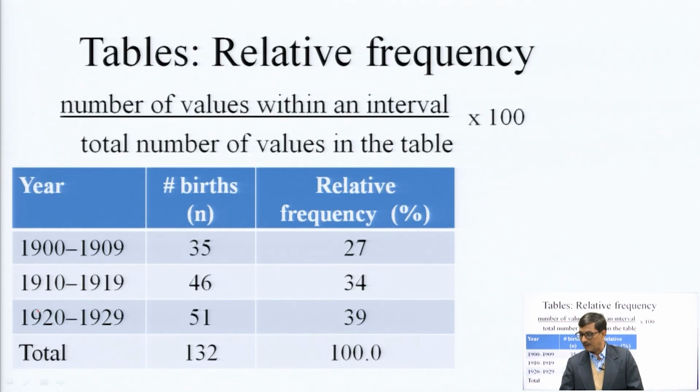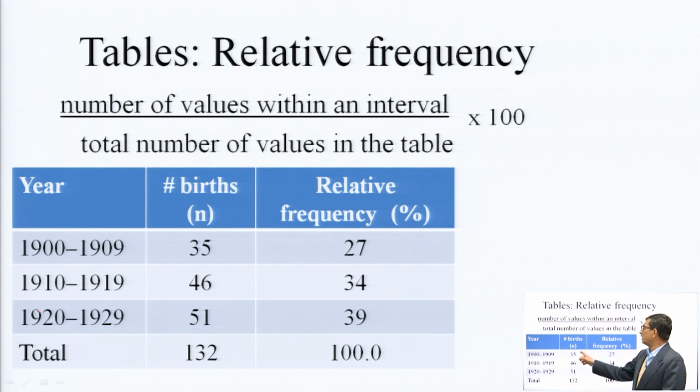Another table is the relative frequency table. Sometimes we want to show the relative frequency. So, what is the relative frequency? The relative frequency is equal to the number of values within an interval divided by the total number of values in the table, multiplied by 100. So, how do we calculate the relative frequency for this year? 35 upon 132 multiplied by 100, then it will be 27.